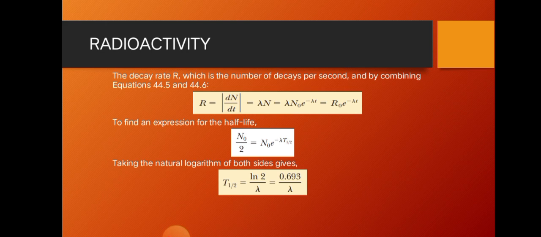The decay rate R of a sample is often referred to as its activity. Note that both N and R decrease exponentially with time.